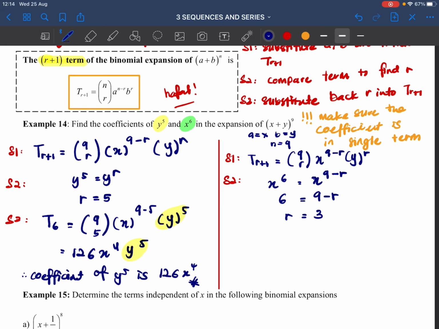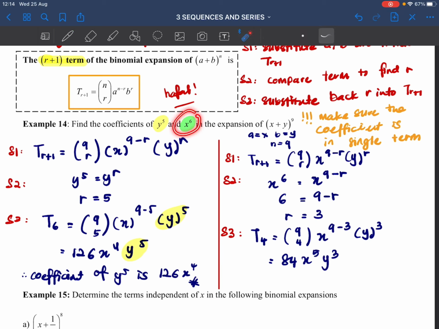Okay, so now since we have our r back, we just substitute back into the formula. So r equals 3, so this is 3 plus 1, we will get T4 equals 9C4 x^(9 minus 3) y^3. Okay, so 9C4 we will get 126, x^6 y^3.